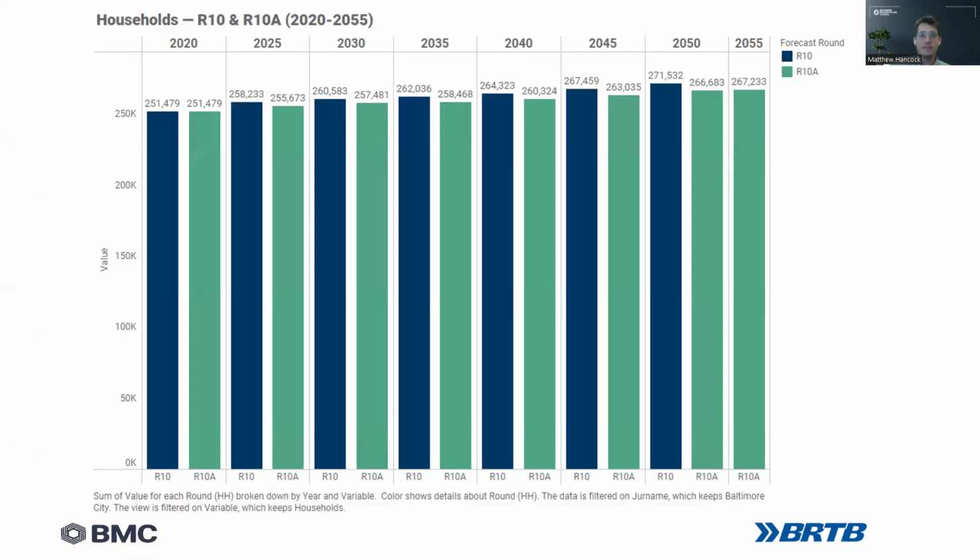For household figures, they are going to be revised downward relative to R10 across all these years, with that gap widening from 2025 onward to 2050 between these rounds. This is not, I think, a significant reduction. I think this, again, is just a general recalculation for expected growth.